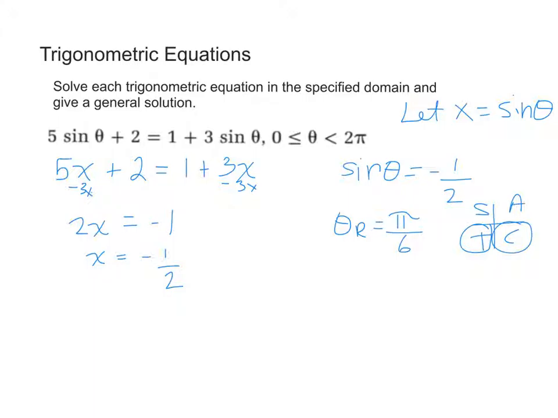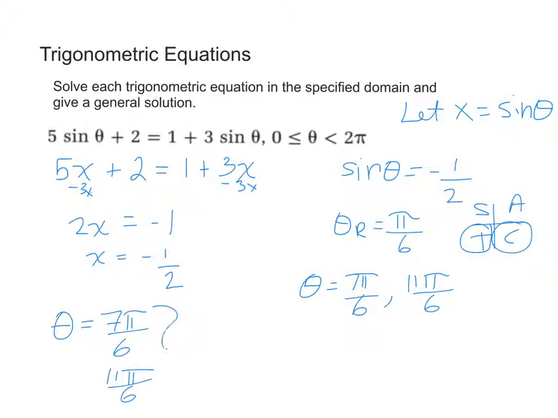So those would be 7 pi over 6 and 11 pi over 6. And then it asks us for a general solution. So the general solution would just be 7 pi over 6 and 11 pi over 6 plus or minus 2 pi n.